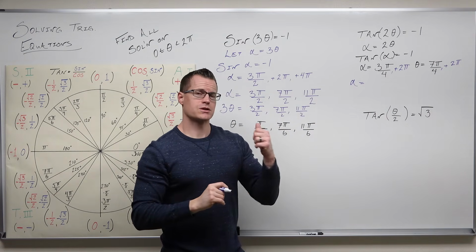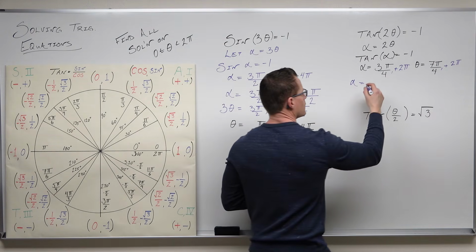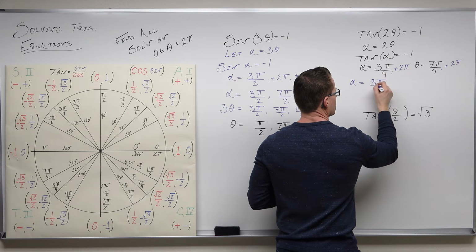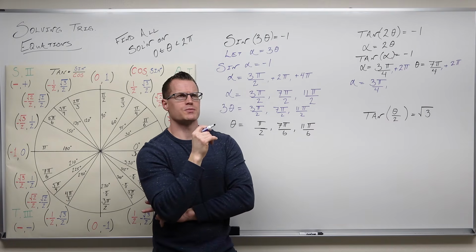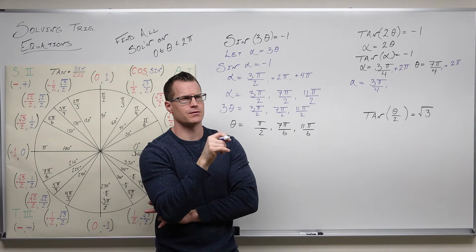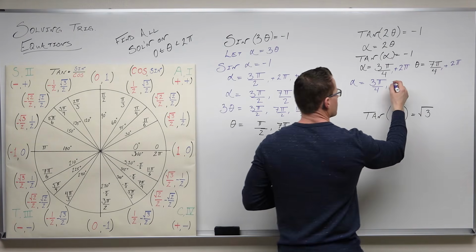So alpha is going to give us 3 pi over 4. Let's see, 3 pi over 4 plus 2 pi, that's 3 pi over 4 plus 8 pi over 4, that's 11 pi over 4.